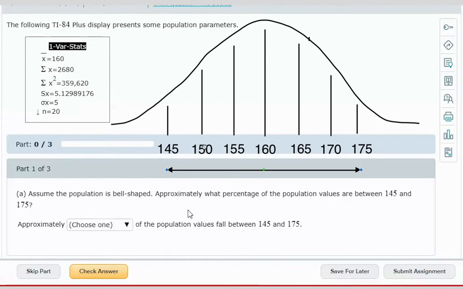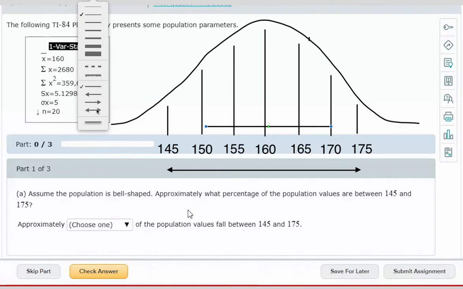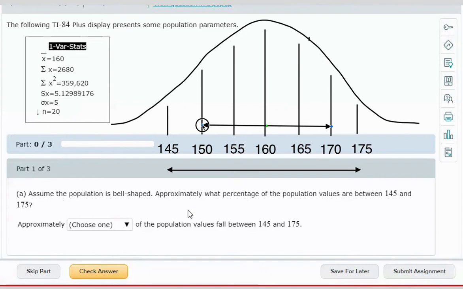If they had given us the numbers 150 to 170, if it was going from the second to leftmost over to the second to rightmost line, then it would be, draw that up here, and the arrows on it, and this one goes a little bit farther out here. So if it was 150 to 170, that would be 95% of the data would be the answer to that one.